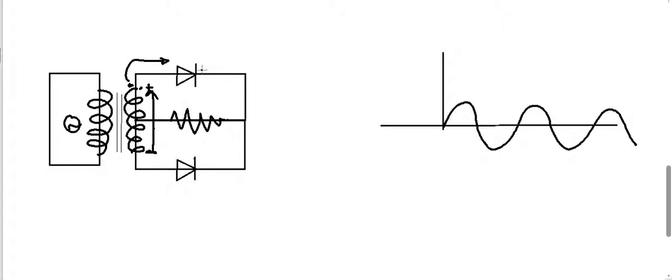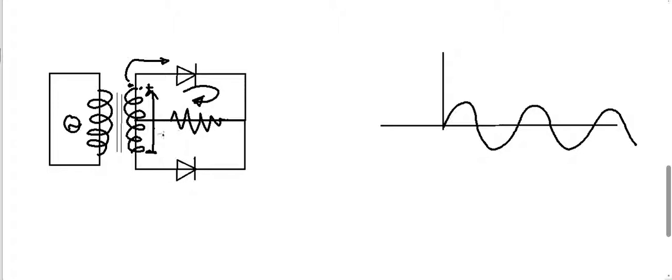This is what we call forward biasing, where the positive side of the inductor is connected to the P side of the diode. In forward biasing the current will pass, so current will pass like this.